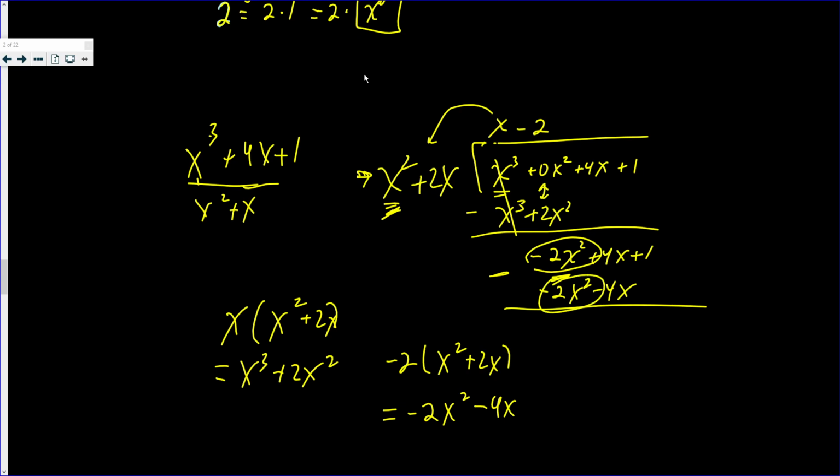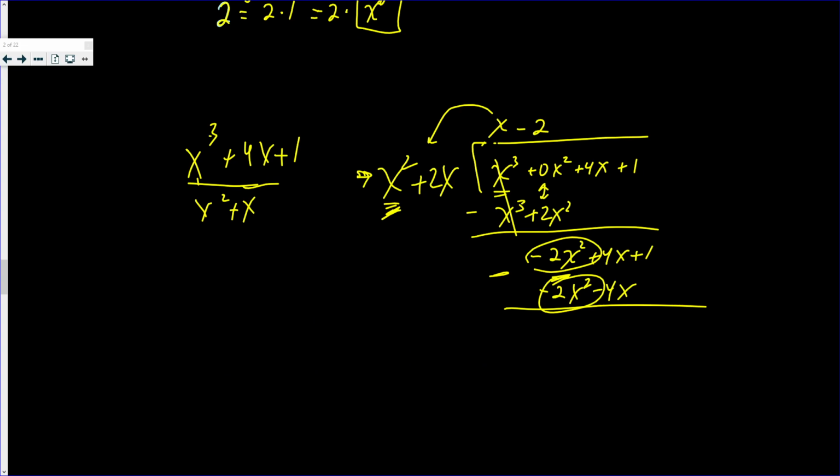You subtract. These two are exactly the same. When you subtract, you find out how much bigger one value is than another. They're the same. Their difference is 0. Now, 4x and negative 4x, they're not the same. 4x minus negative 4x.